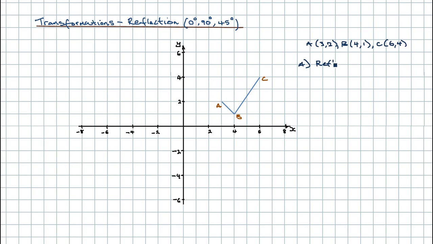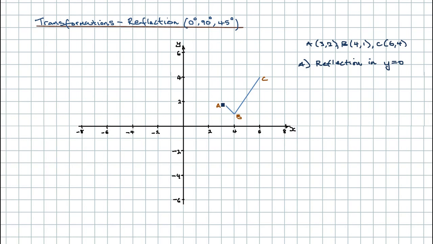So let's call this problem A. Reflection in the x-axis, and instead of the x-axis, I'm going to call this the line y equals 0, because all along the x-axis y equals 0.